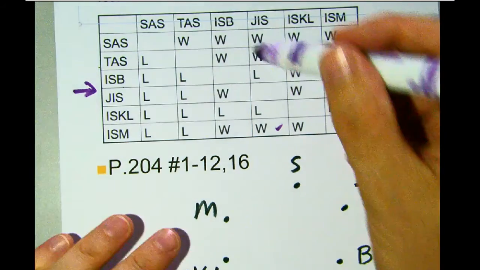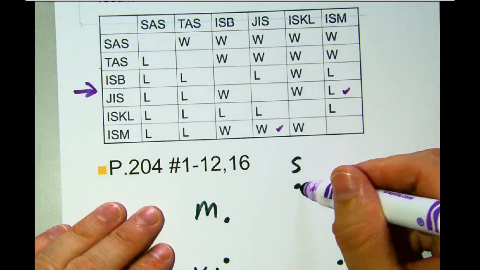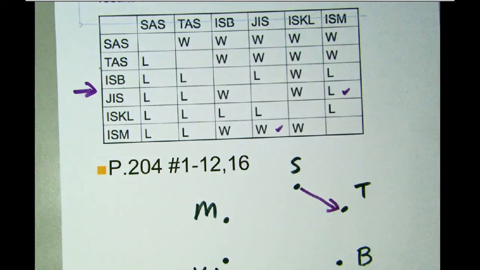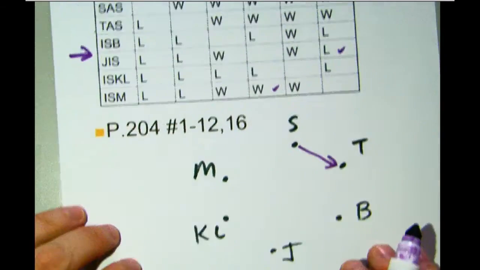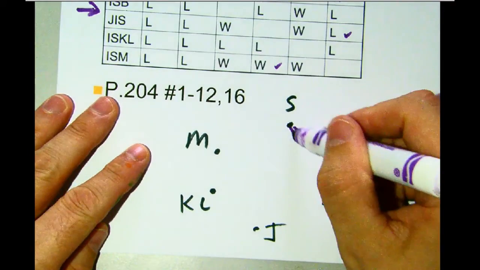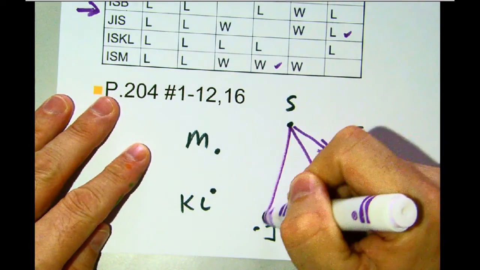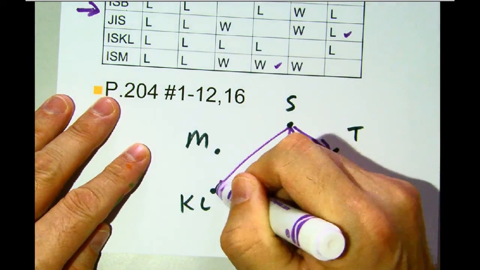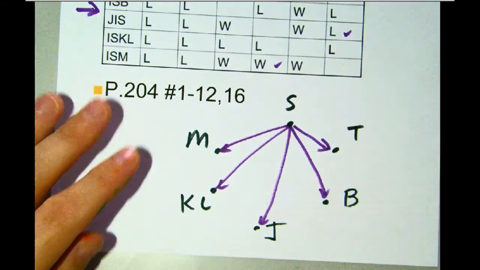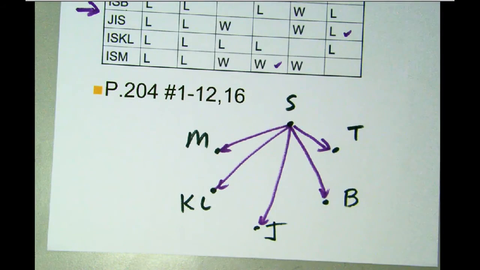So what happens now is that SAS beat all of their opponents. So when you beat somebody, you're going to draw an arrow to them. So that's what I'm going to do for all of these. SAS beat each one of their opponents.